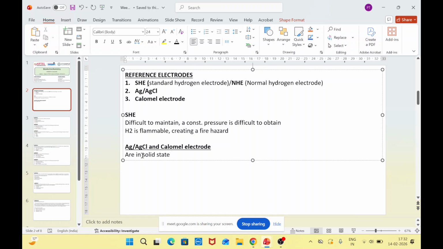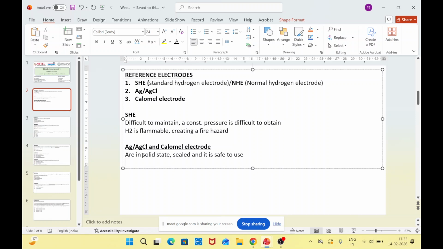Apart from that, they have the ability to provide a constant potential, and the potential fluctuation in case of AgAgCl and the calomel electrode is not very high. So they are in solid state, they are sealed, and it is safe to use, unlike the fire hazard in case of the standard hydrogen electrode.